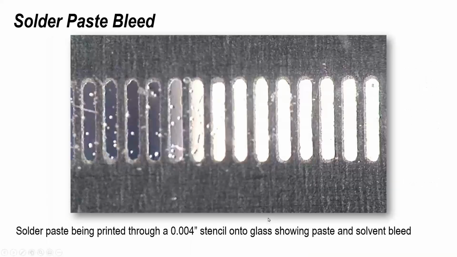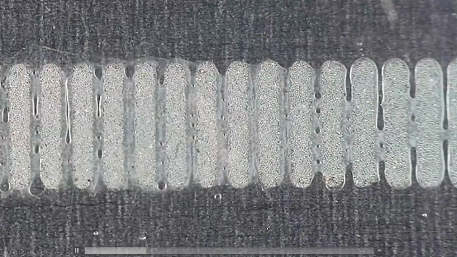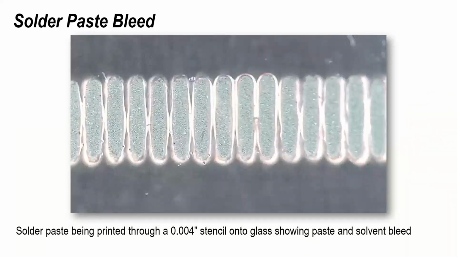And if we look at this video clip, again, I'm sort of representing the same thing. And as I pull back the stencil from the surface, you can actually see the paste and paste particles have started to wick together. So some of them are touching, but certainly there is material sitting on the glass surface between those paste deposits.